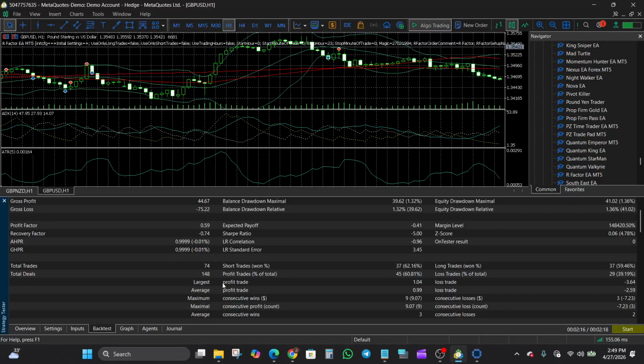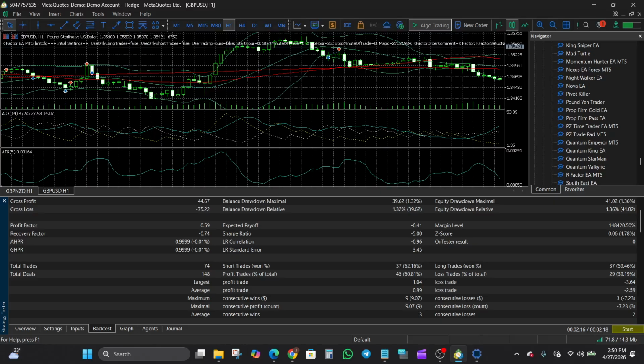And then we can also see that the largest profit trade was just $1, while the largest loss trade was $3.60, right? And the average profit trade was just 99 cents, $0.99, right? And then we can see that the average losing trade was $2.59. And this also agrees with what we saw during the backtest, which is poor risk to reward ratio.